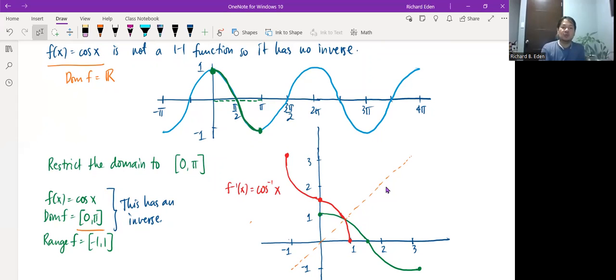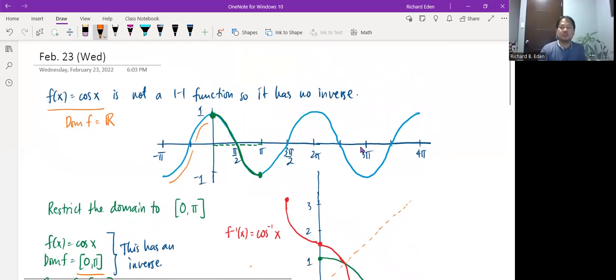But then, one might ask, why didn't we use the interval from negative pi going to 0? Or one might say, positive is nicer. Or how about from pi onwards to 2 pi? Why don't we reflect that across the line y equals x?